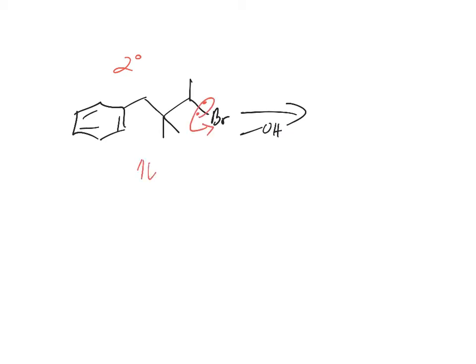Why is that the rate determining step? Why does it take the most energy and why is it the slowest? Right, carbocations are high in energy, they're very reactive. Why are they very reactive and high in energy? Why are they unstable? The octet rule. So the octet rule is a thing.